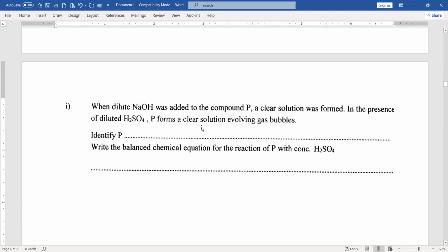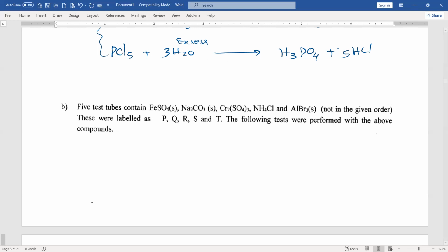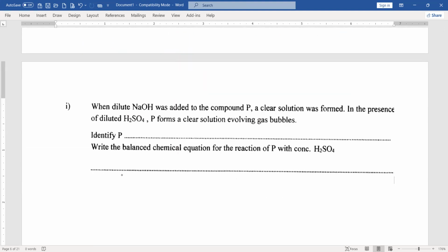So P is a compound which can evolve gas with an acid. See here, the carbonate is the only thing which can evolve a gas with dilute sulfuric acid. Right? So that may be sodium carbonate. Because of these observations, P is sodium carbonate.